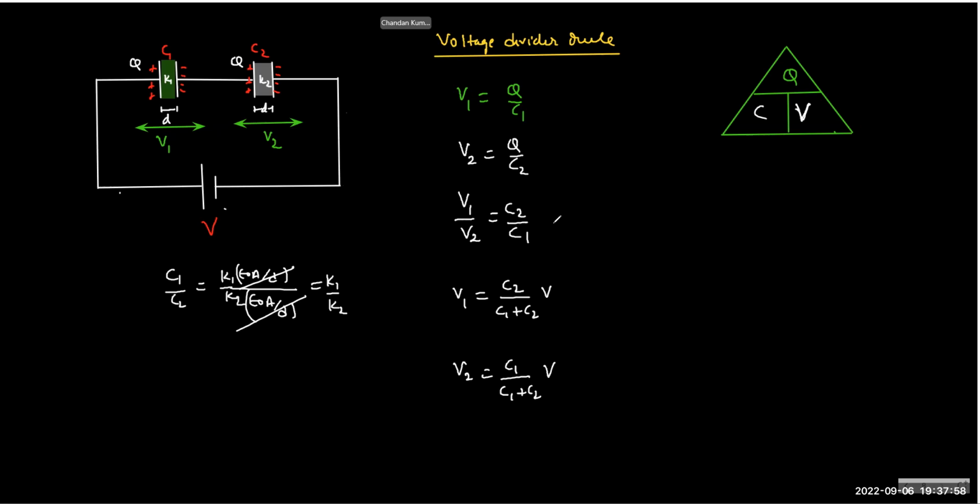That is why, in this particular case, when you were solving this question, V1 is K2 by... Okay, no need to solve it. Just remember the voltage divider rule. It is the inverse relation, right?